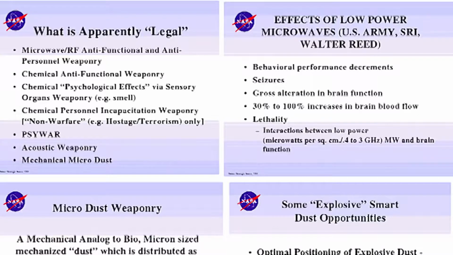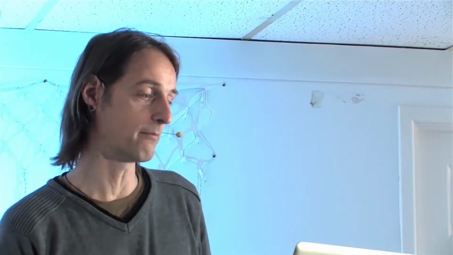Other things in this paper that are worth mentioning, weapons that are apparently legal. Yeah, they are talking about weapons that are hidden somewhere in the civil domain. Everybody is dealing with them, everybody is using them, and one of them is the microwave.